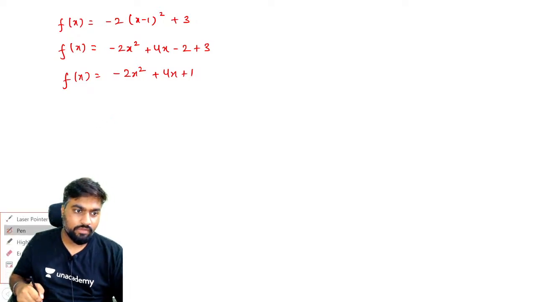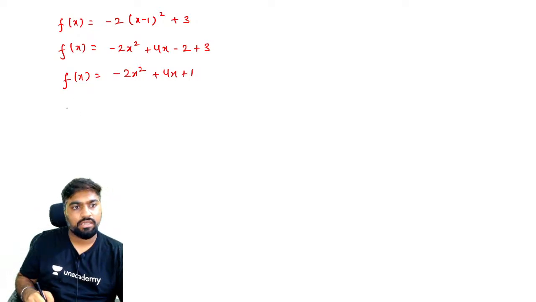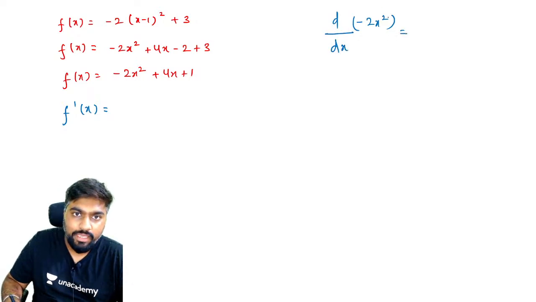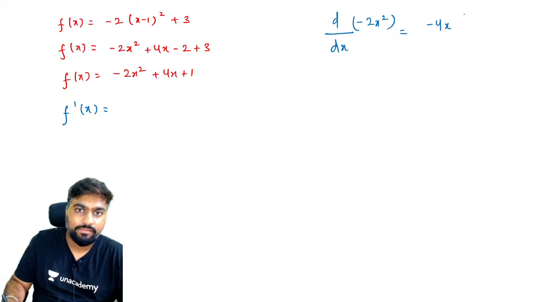Yes, now if we differentiate this, using differentiation, okay? If I differentiate it once, what will happen? Minus 2x square, if I differentiate it, what will I get? The power 2 of x square gets multiplied here, which makes it minus 4. Minus 2 into 2 is minus 4. What will x power 2 become? x.